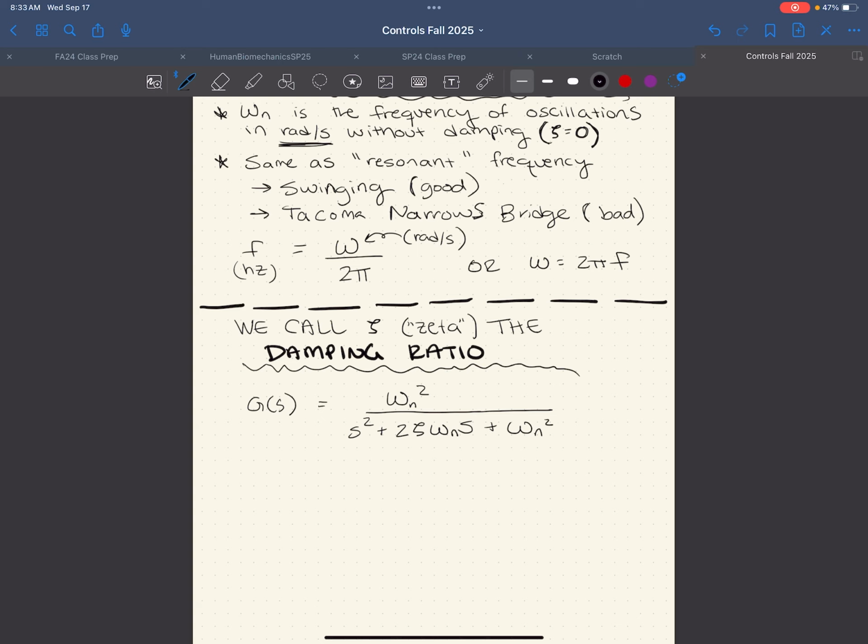This is specifically for a second order system. We have a way to find the roots of a second order system, and we do that with the quadratic equation. So we can find the roots of the denominator using the quadratic equation.